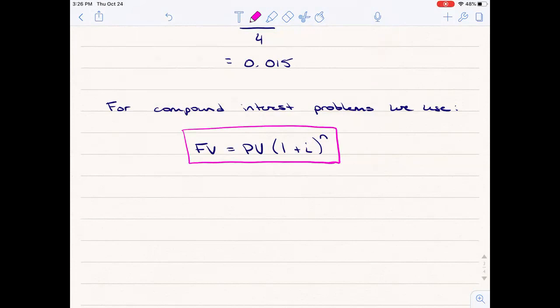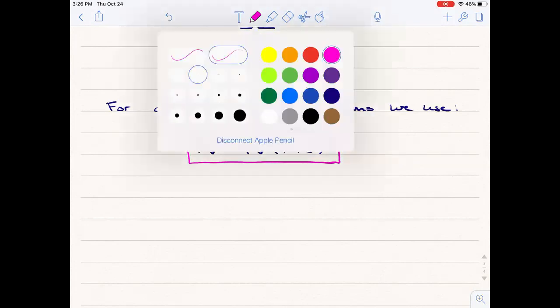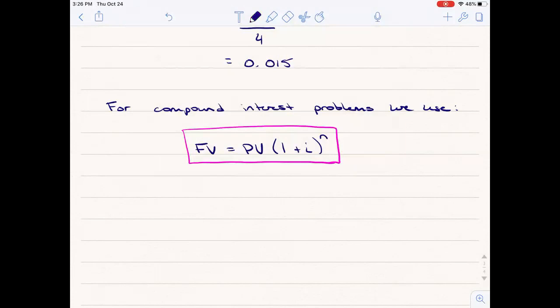So one thing that I want to make clear is that your questions are still going to give you the annual rate. They're not going to give you the periodic interest rate. That's going to be your job to find that. So that's an extra step with compound interest. And it's still just going to give you the time in years or something like 14 months.